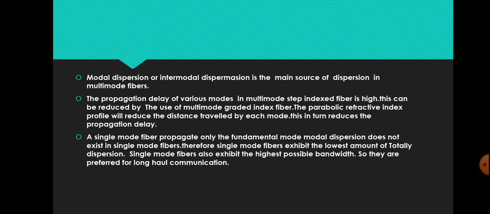This parabolic refractive index profile will reduce the distance travelled by each mode, and this in turn reduces the propagation delay. We have discussed the propagation of light through the graded index fiber in the first class, so I am not going into the details of that. So we can say that the pulse broadening effect can be reduced to some extent by the use of multimode graded index fiber instead of step index fiber.